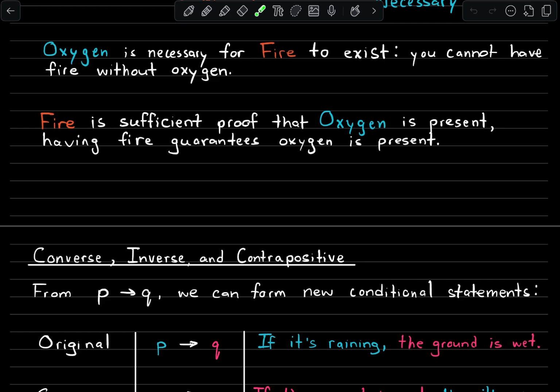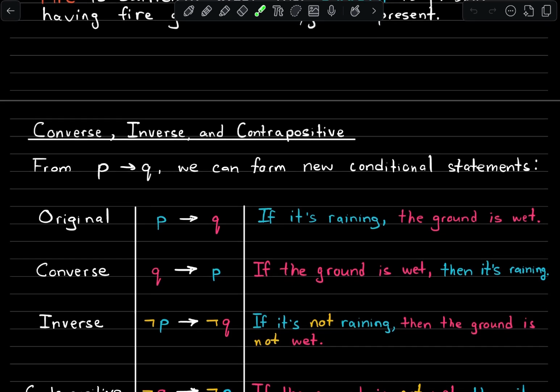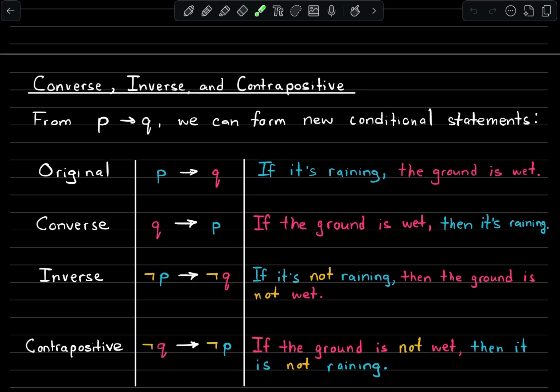And we'll look at an example of that later as well. Now let's talk about converse, inverse, and contrapositive. So from if P then Q, we can form new conditional statements if we play around with the order or negation. Okay, so let's look at, first of all, our original statement.